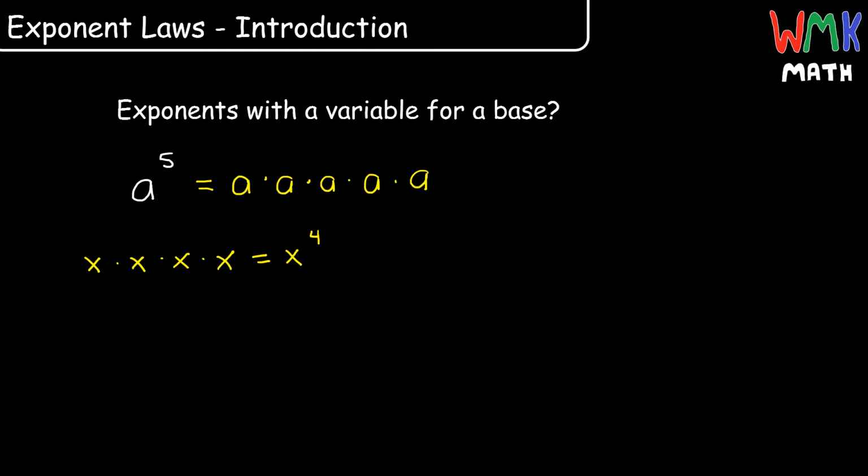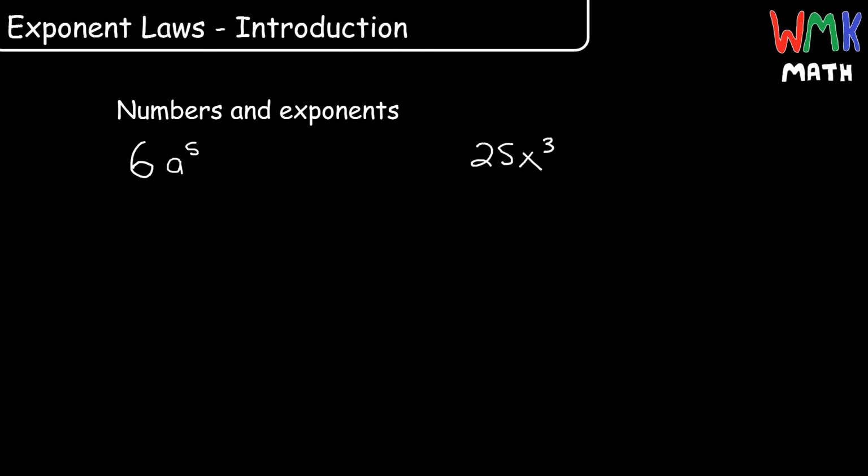Now, let's get back to our question that we mentioned previously with multiple variables and exponents at the same time. And we come to this example with numbers and exponents. Now, let's take a look at our first example here. We have 6a to the exponent 5. The natural question is, what is the base? Is it 6?